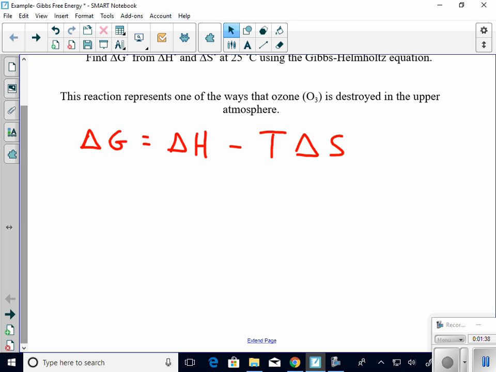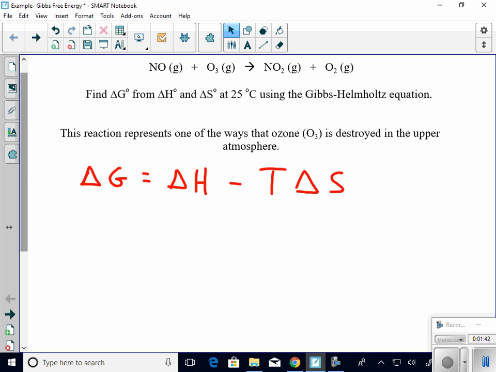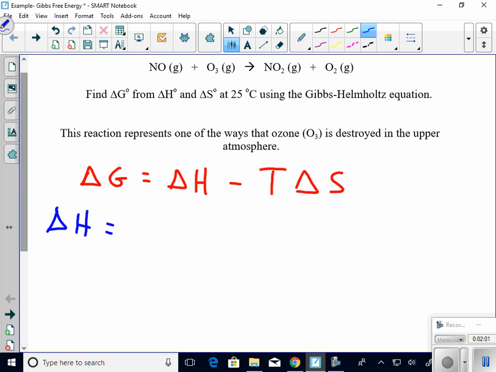So I know that the enthalpy, delta H, is equal to the products minus the reactants. As I look for nitrogen dioxide, I get the enthalpy for NO2 as a gas, 33.84 is what I'm reading.